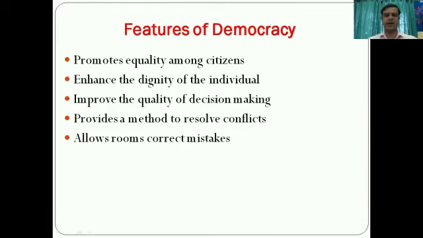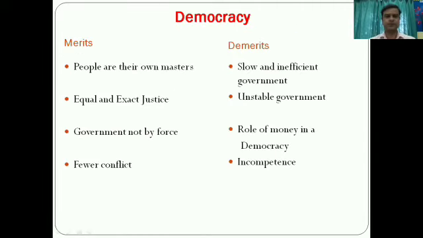Democracy improves the quality of decision making. Everywhere, if it is democracy, it improves the quality of decision making. Democracy provides a method to resolve conflict. Democracy allows room to correct mistakes. These are five major features of democracy.